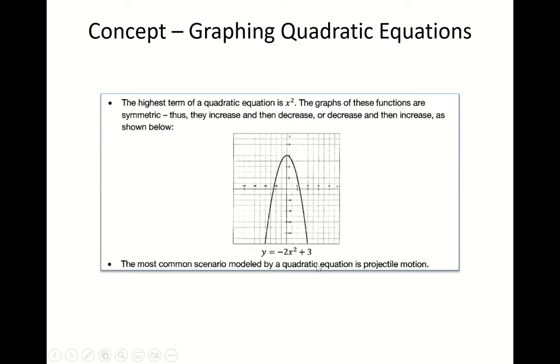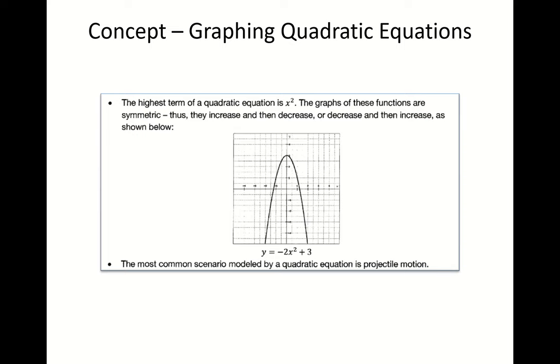And then the positive or negative b value, I believe it's actually called the c value for quadratic equations, talks about the y-intercept in this form.